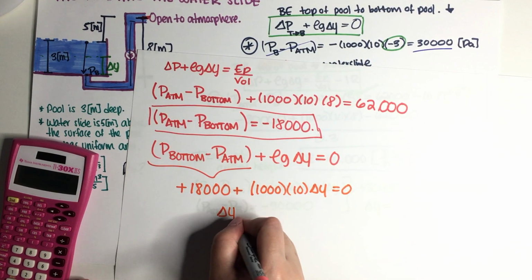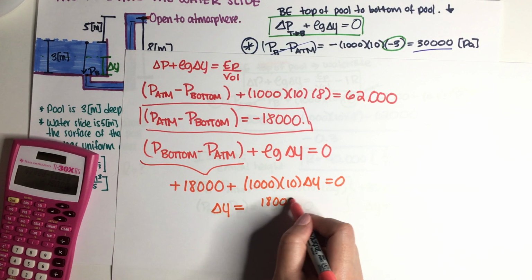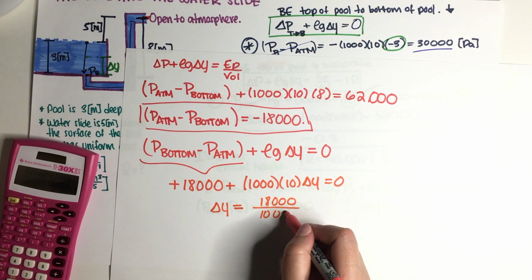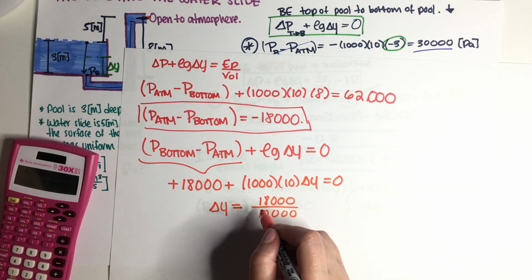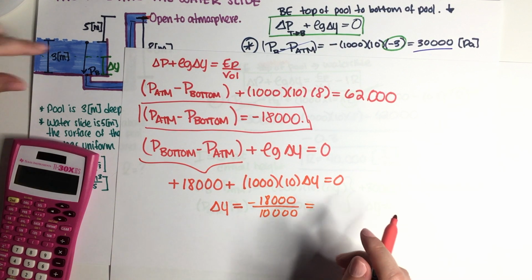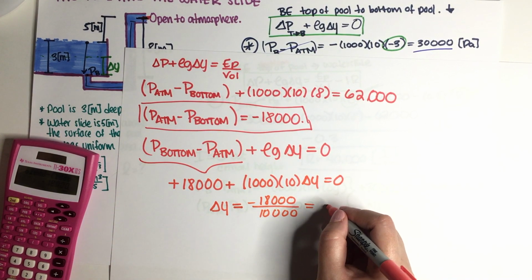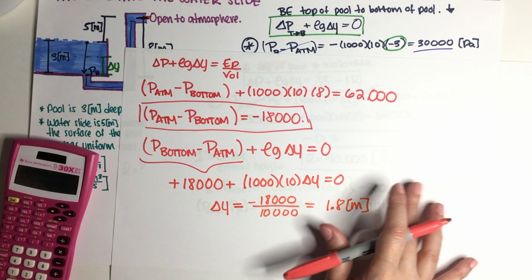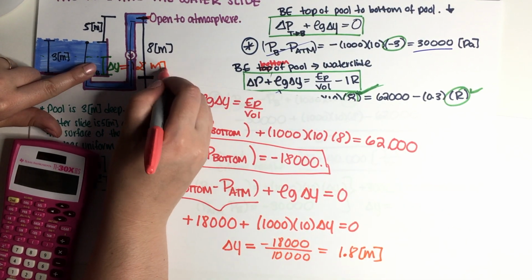So delta y is equal to 18,000 divided by 10,000. Negative of course, because we went from top to bottom, so it makes sense. So the change in height is equal to 1.8 meters.